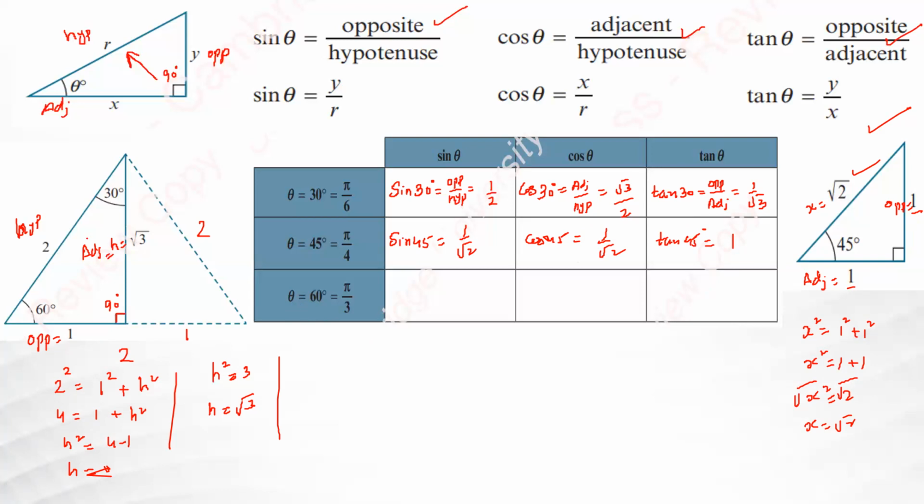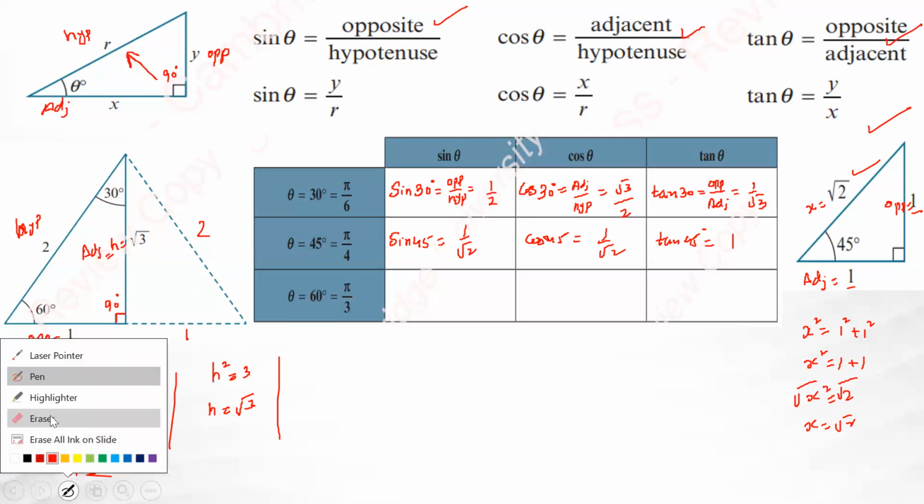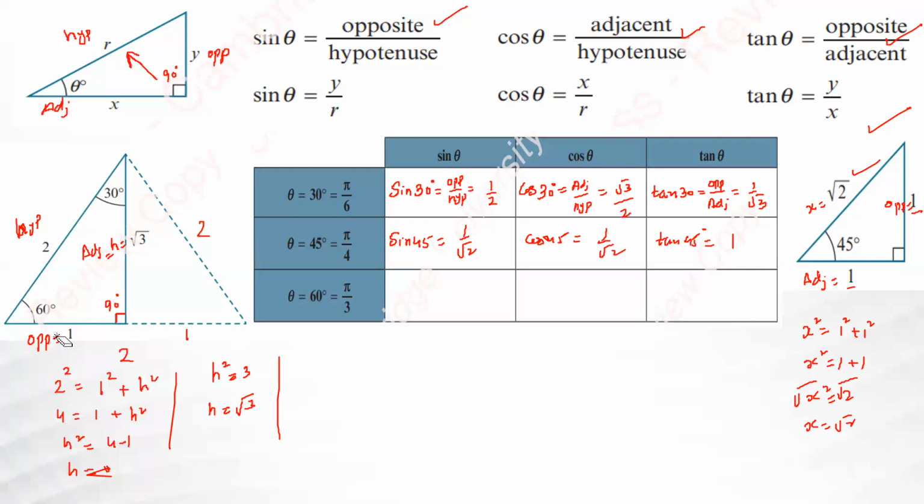Next, 60 degrees, you can find it from this previous triangle, this one. Now if you consider this 60 as an angle, it means your adjacent and opposite sides will change.